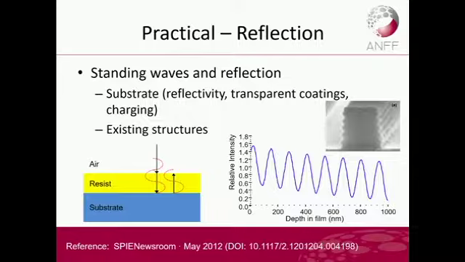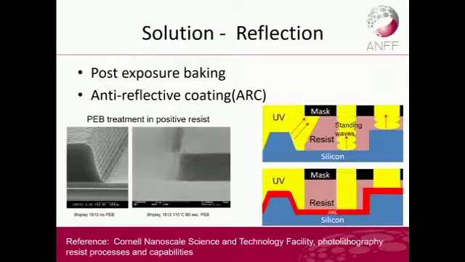Otherwise, you're going to have these fringes on the side wall of your resist. You can probably solve this by having a post-exposure bake process, same as this slide is showing you here. By post-exposure process, you can actually blur the exposure profile along the side wall, so make it nice and straight.